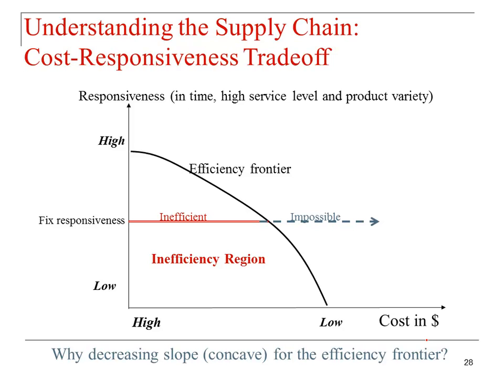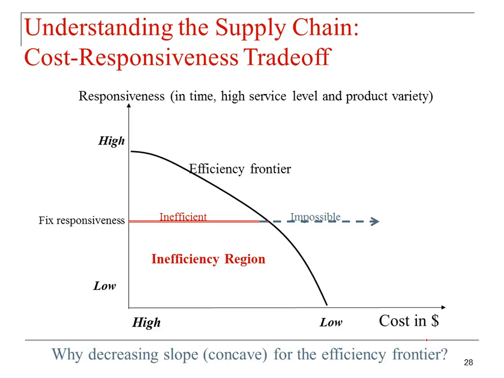So here are some graphs. I like to show some graphs just to give you a visual representation. Understanding the supply chain and cost responsiveness trade-off. Here we have the responsiveness and the cost, and we have the efficient frontier. This is the inefficient region.